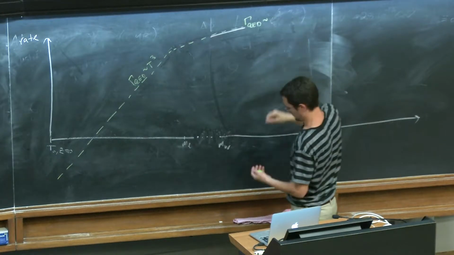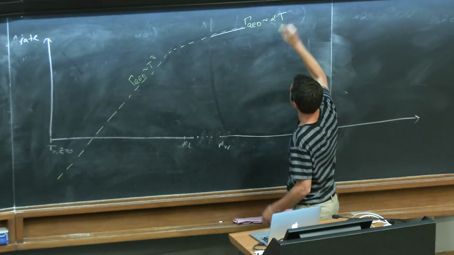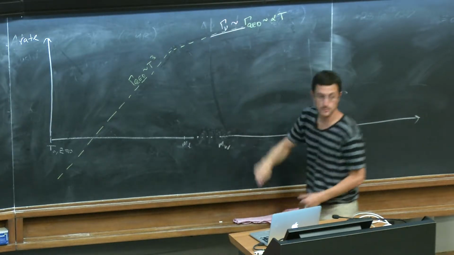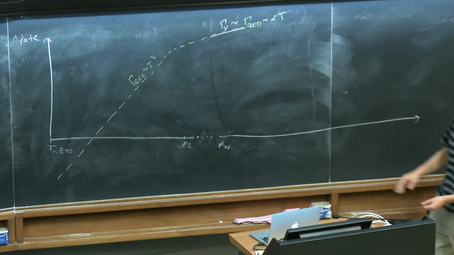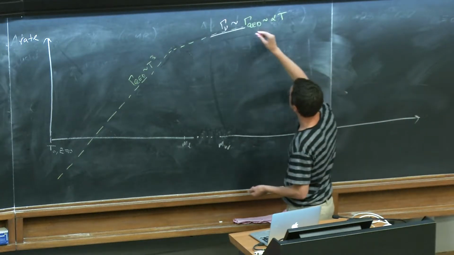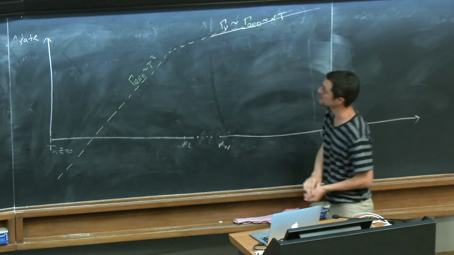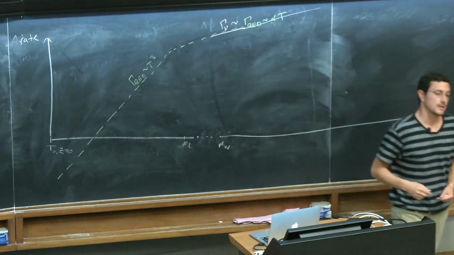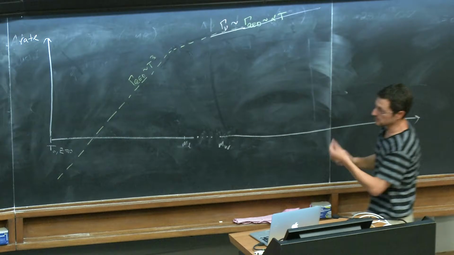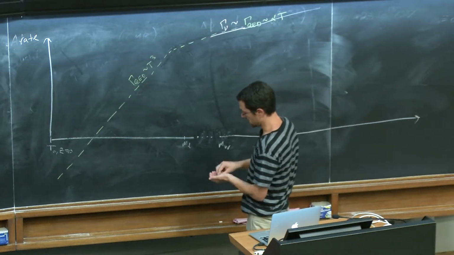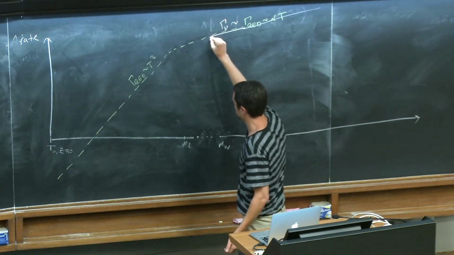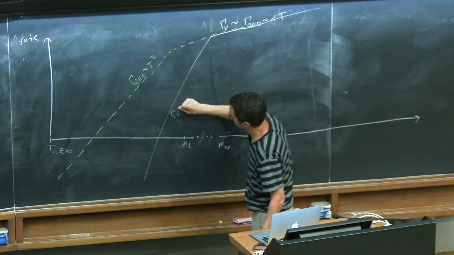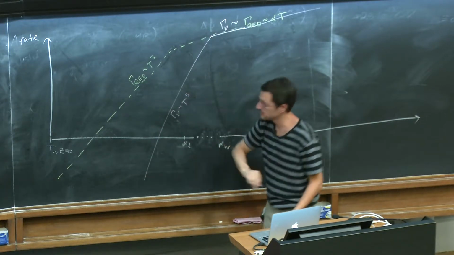So this was alpha squared T. And in fact, the neutrino interactions are comparable to the QED interactions, and they scale like T. Okay, and I can extend it up. However, around at mW, we have to take into account the effective theory, and this neutrino interaction is going to fall like a rock. It's going to fall down like T to the 5.